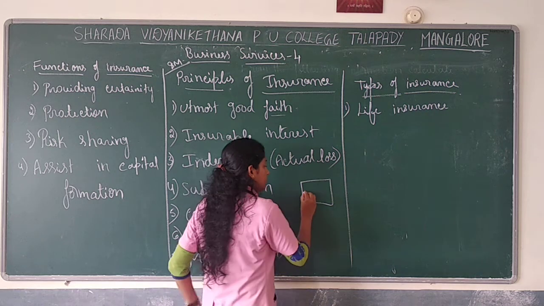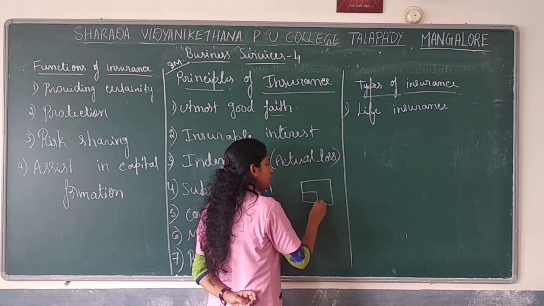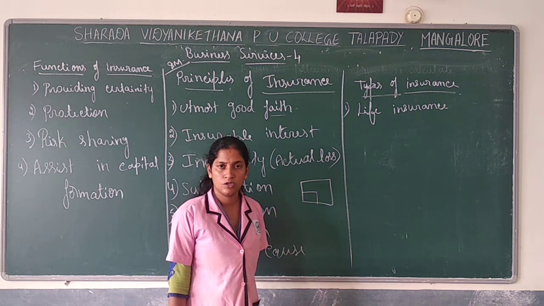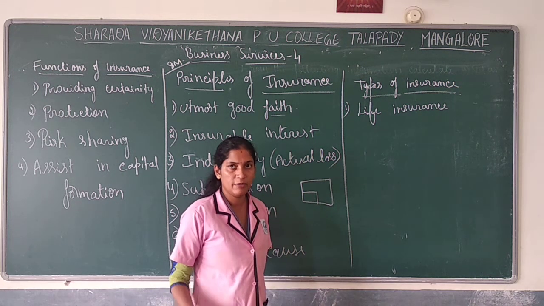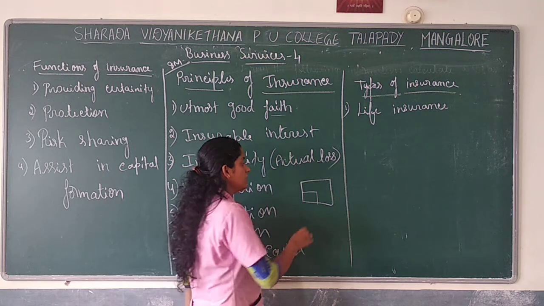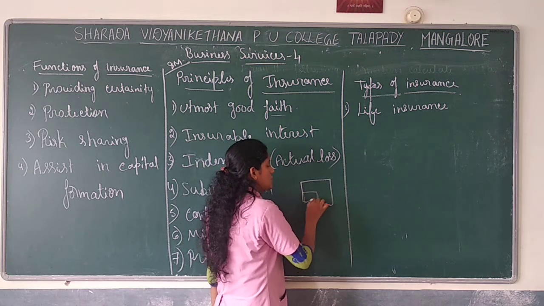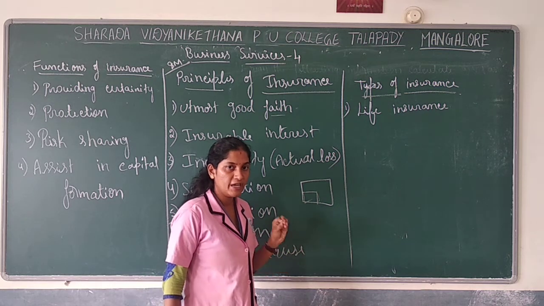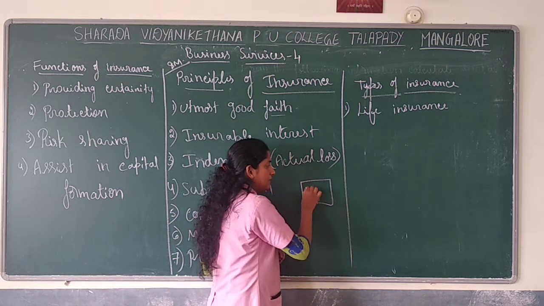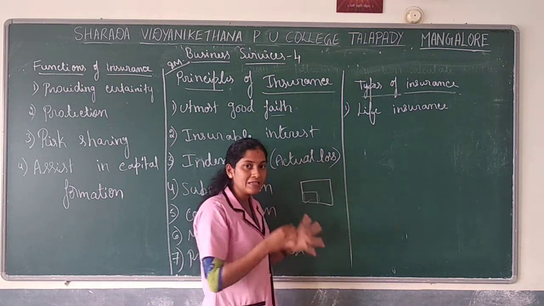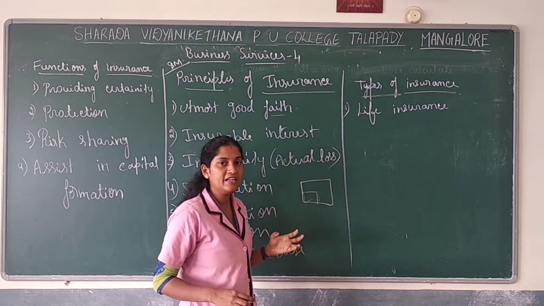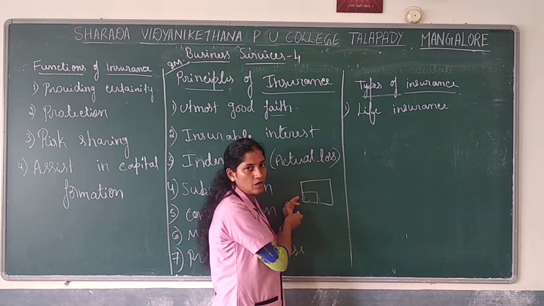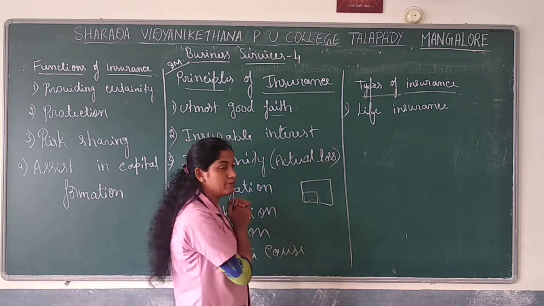Okay, if a part of the building got damaged due to fire or due to some low quality materials used, because of that the part of the building got damaged. So the insurance company will give insurance policy money only for that part of the building and not for the whole thing. That is called indemnity. Indemnity tells the actual loss will be covered and not the entire loss. That is why it is called indemnity.